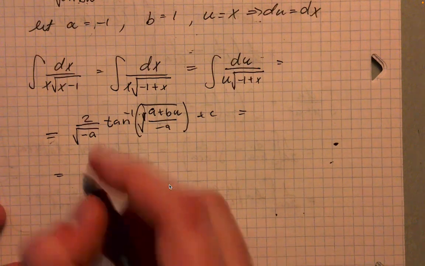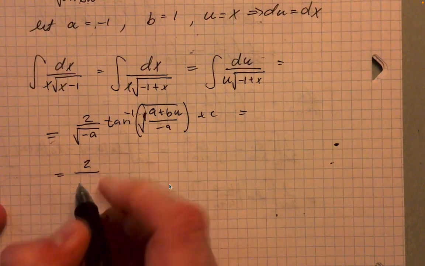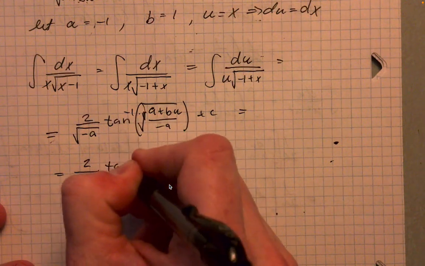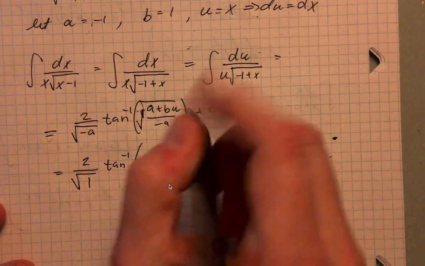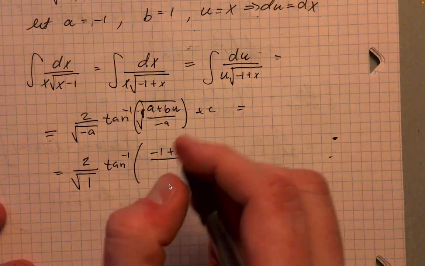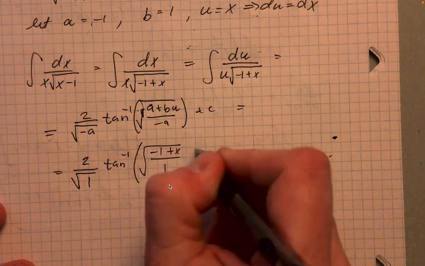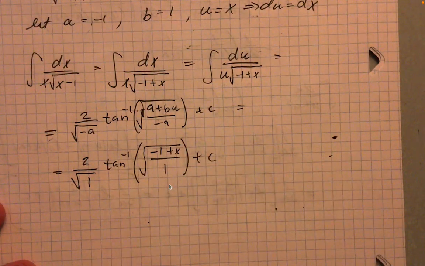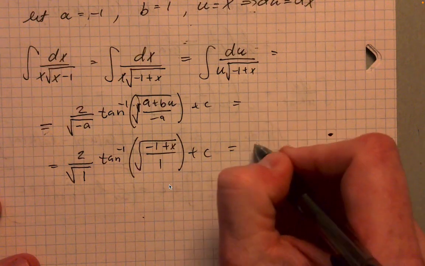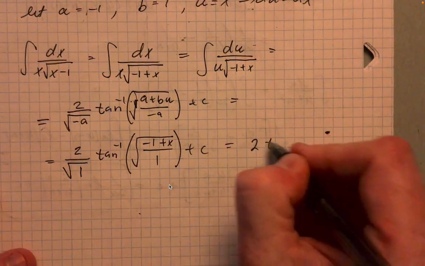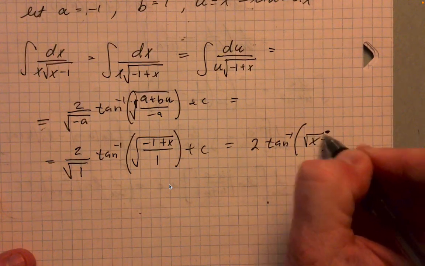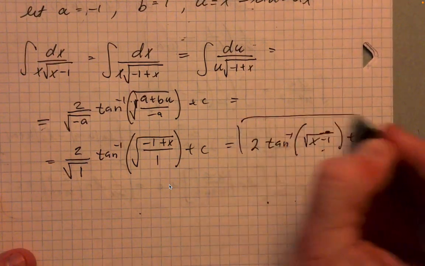So we get 2 divided by the square root of 1 in this case, and then inverse tangent. And this will be negative 1 plus x on the top divided by just 1. Perfect. And so then we have, as an answer, 2 times the inverse tangent of the square root of x minus 1, plus c.